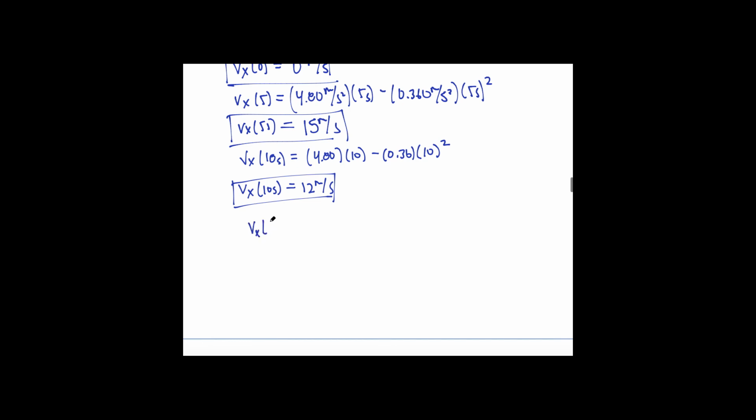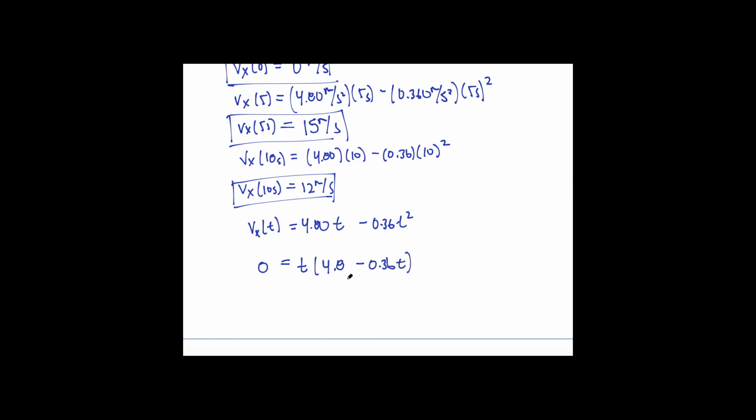So if my velocity function is 4.8 t minus 0.36 t squared, I simply need to find both zeros for this function. So one of those is simple. I'm simply going to factor out a t from this, and I will have 4.8 minus 0.36 t.